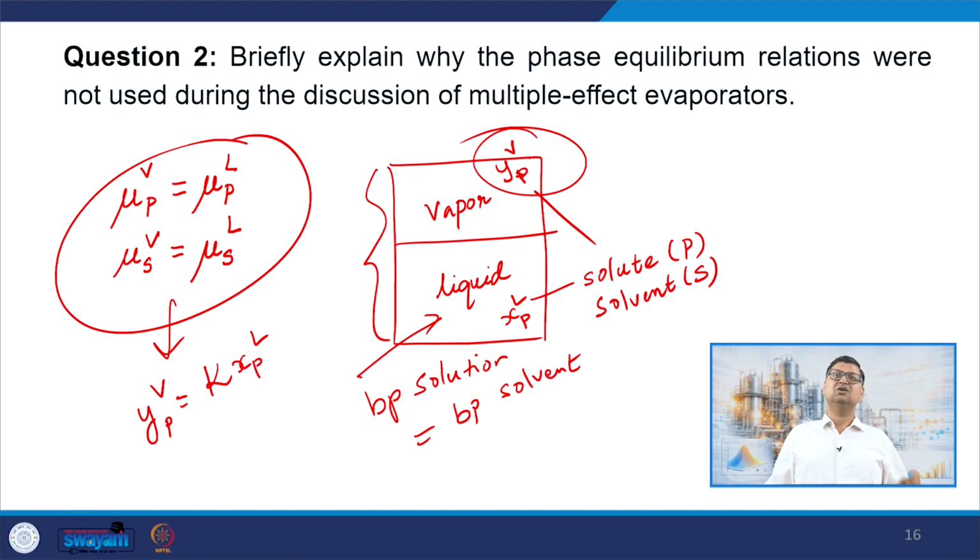That is only true if my solute is completely non-volatile. That's not always true, but the amount that we get in vapor may be so small that it can typically be neglected. So as long as we can get a near complete separation by evaporation, we do not have to worry about the phase equilibrium relations.